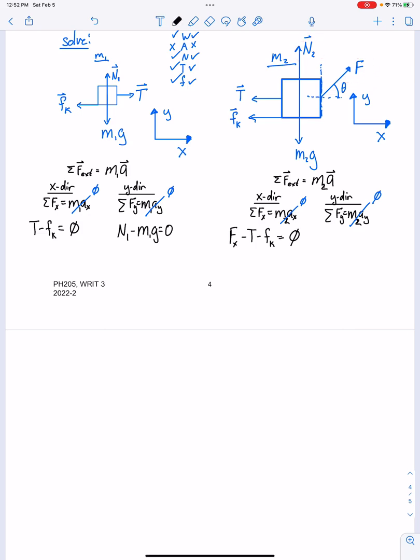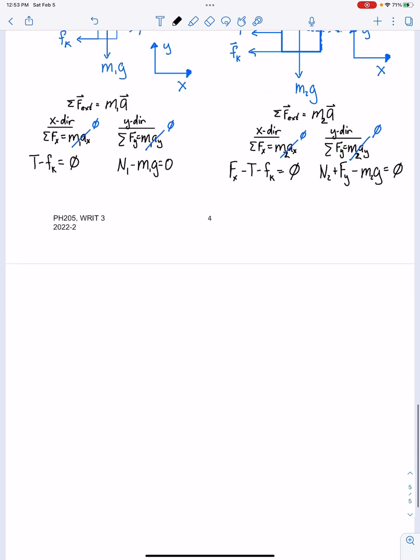It's pulling in the y direction as well. So I'm going to get N2, which is positive, plus the y component of that force I'm going for, minus the weight force, which is mass times the acceleration due to gravity, is equal to 0. All right, those are our 4 equations.